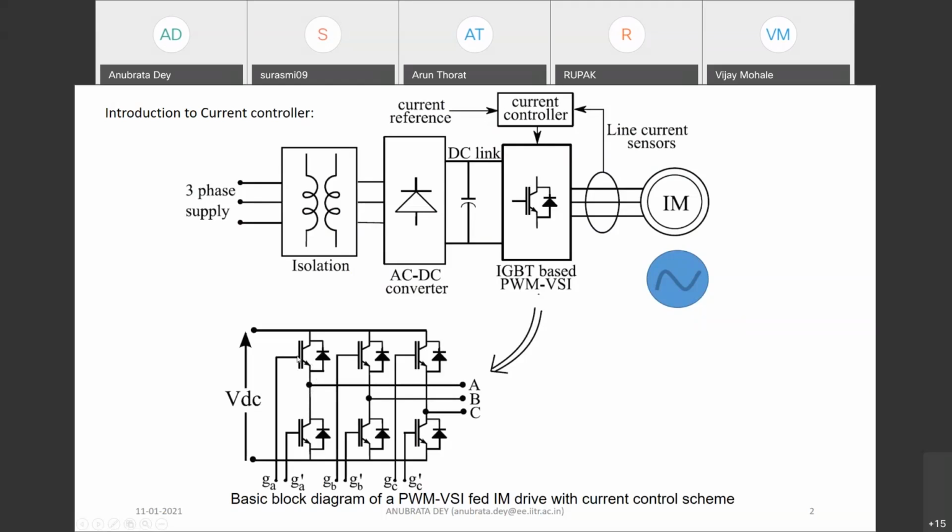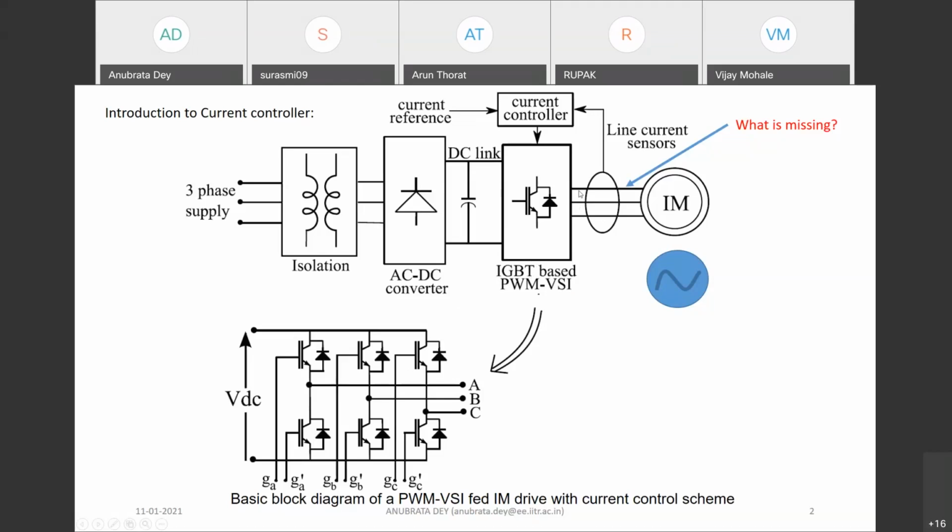This is the general structure, and one thing we are missing here is between the output of the IGBT based inverters. Most industrial drives use IGBTs for high power or medium power applications, so I am sticking to IGBT based solutions.